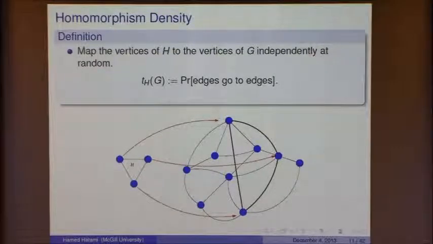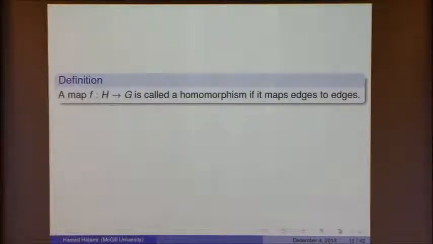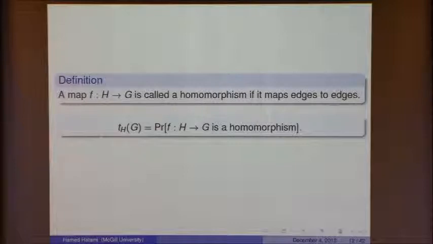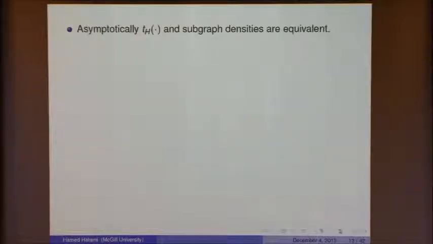I'm going to denote this by T sub H of G. These maps are called homomorphisms, and this is the probability that a random map is a homomorphism. Asymptotically, as I mentioned earlier, these two are equivalent, so we can pick whichever we want and work with that.